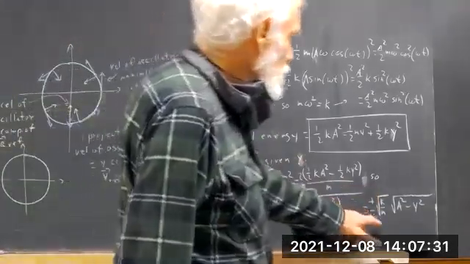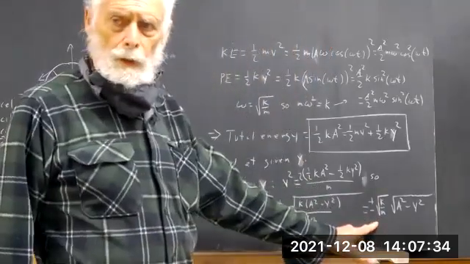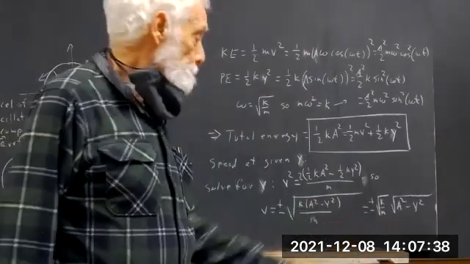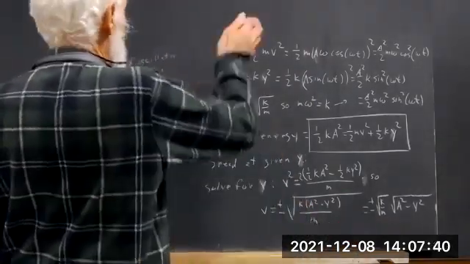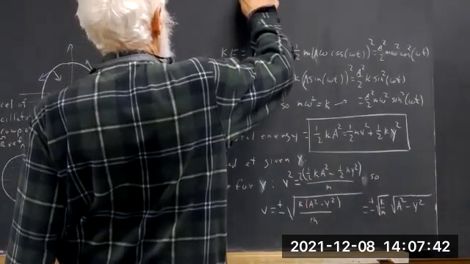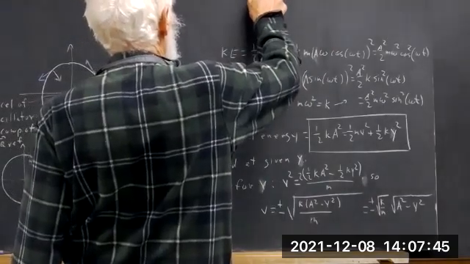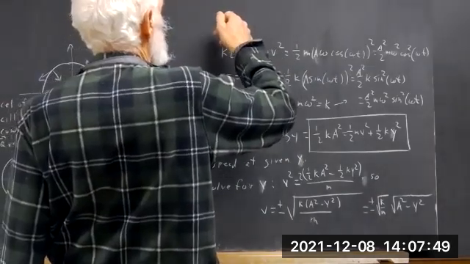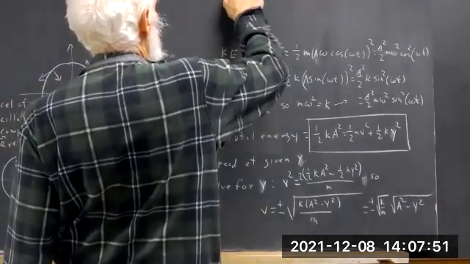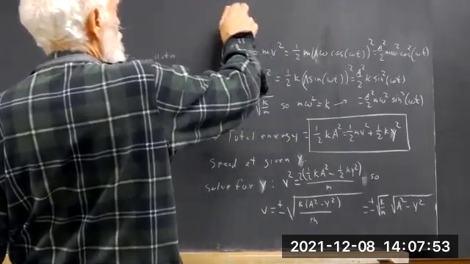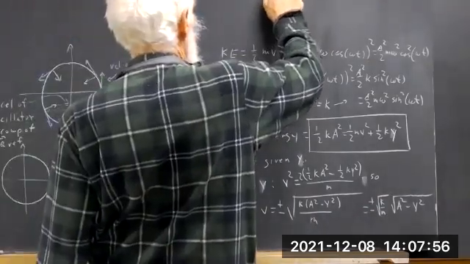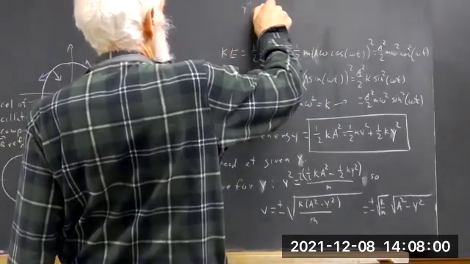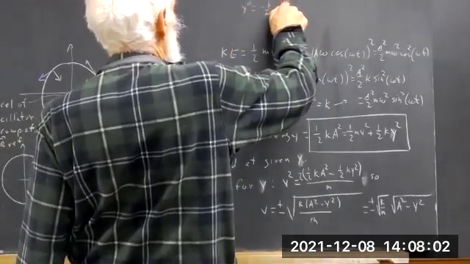And you want to remember where that comes from. You want to remember the derivation of the differential equation. I'll just write it out again. Mass times acceleration, mass times y double prime, is net force, which is negative ky. So y double prime equals negative k over m y.